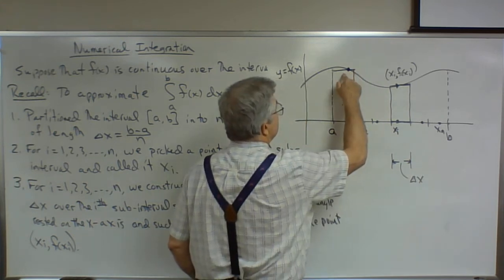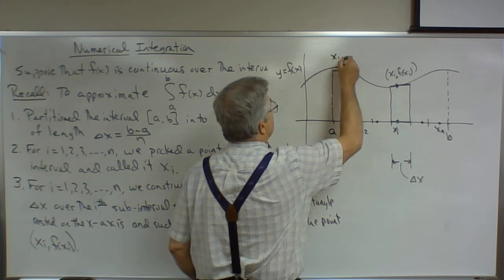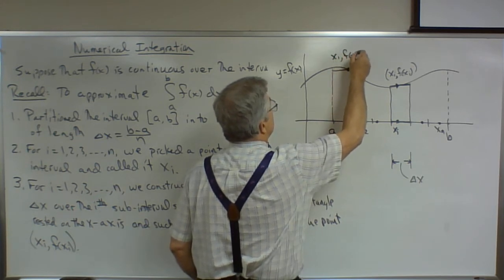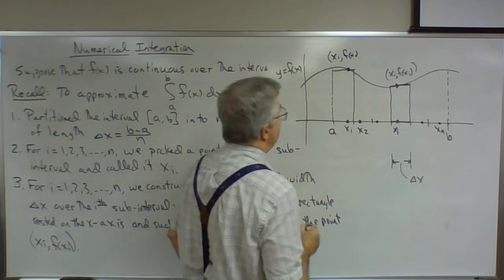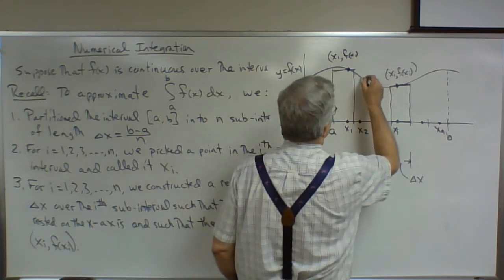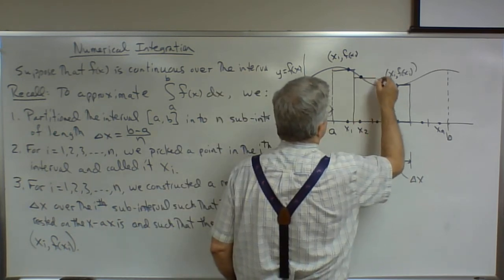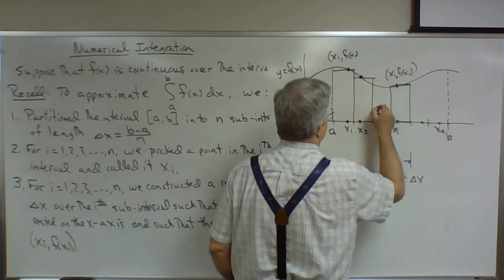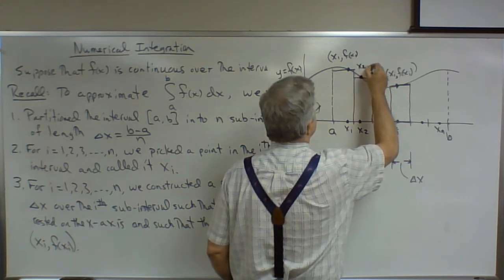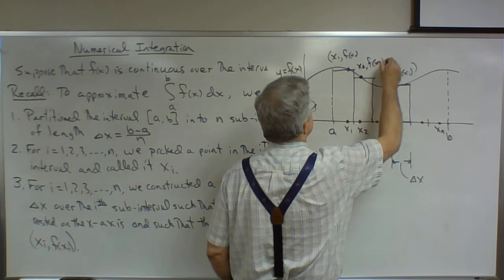So the first rectangle goes through the point x sub 1, f of x sub 1. And the second rectangle goes through the point x sub 2, f of x sub 2, and so forth.